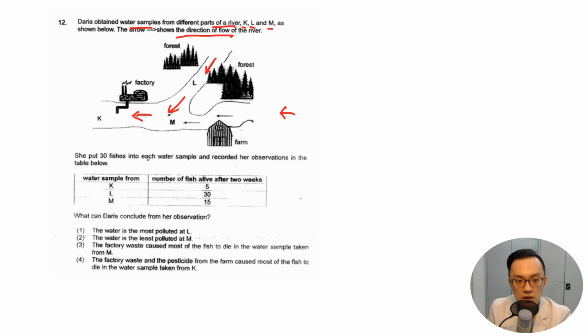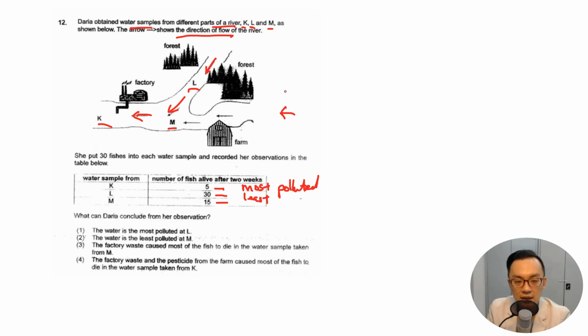She put 30 fishes into each water sample. So you have water samples at L, M and K. The number of fish alive after 2 weeks is 5 fishes, 30 fishes, and 15 fishes. Just based on this part of the question, you can see that this is the most polluted and this is the least polluted.